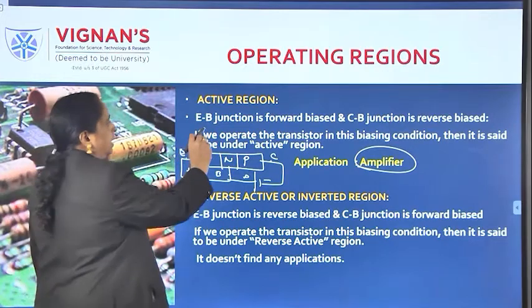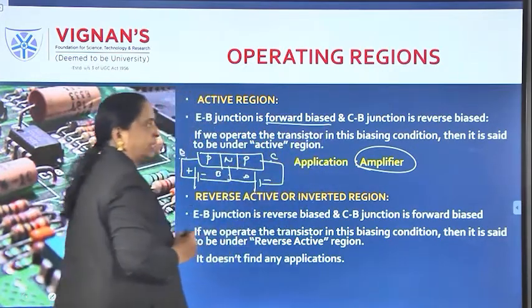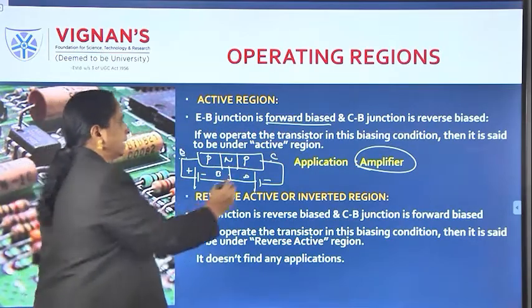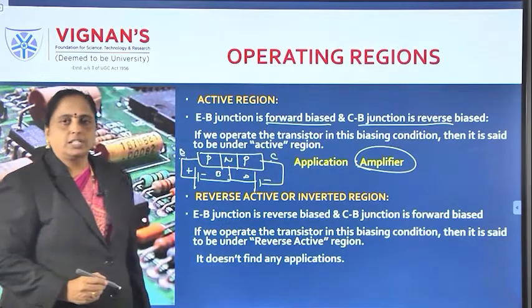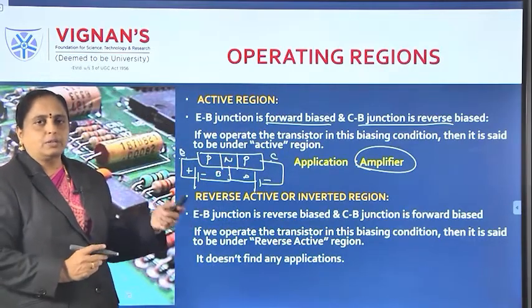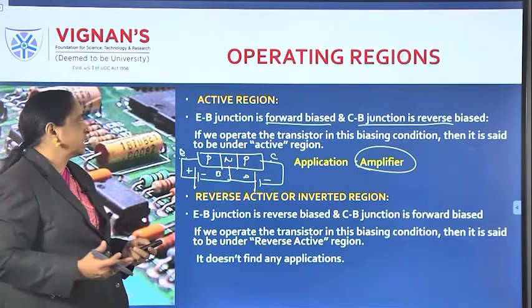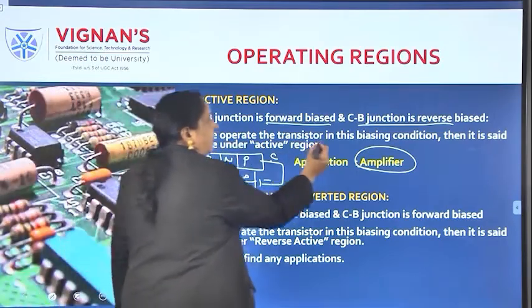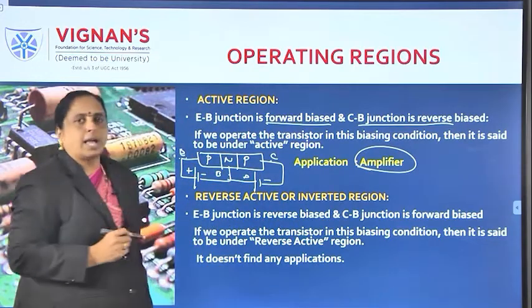See here, the EB junction, that is the emitter base junction, is forward biased, and the CB junction, that is the collector base junction, is reverse biased. This condition is known as active, because whenever BJT is active, only then does amplification take place. So if I operate the transistor in this biasing condition, it is said to be in the active region.